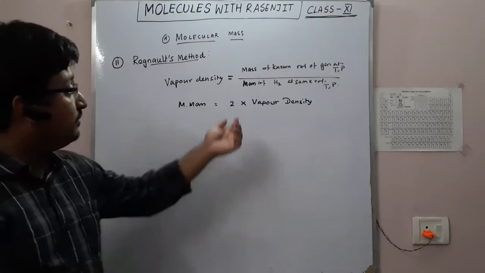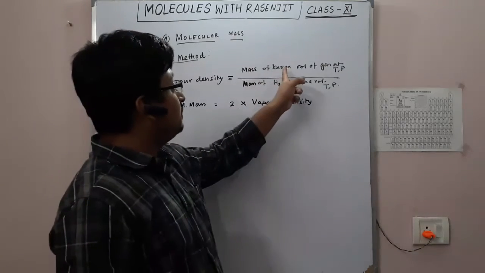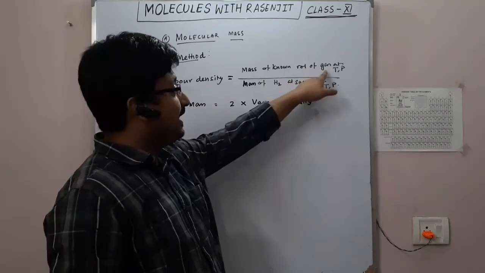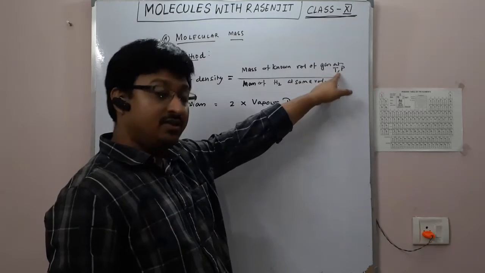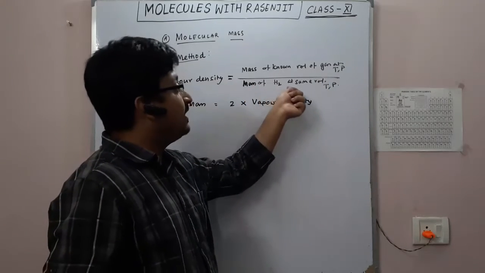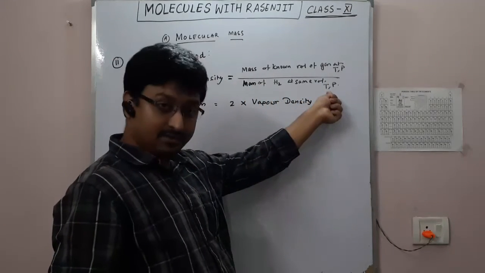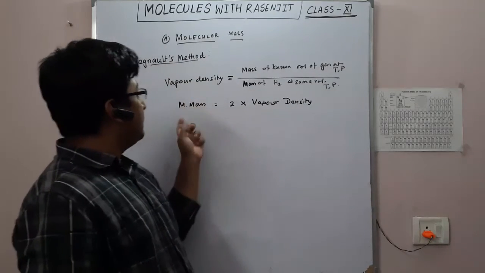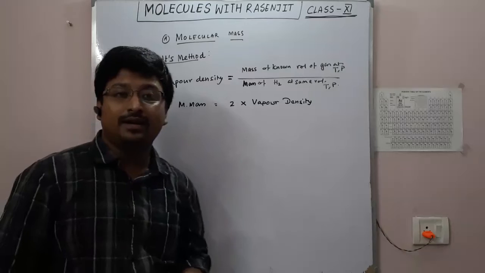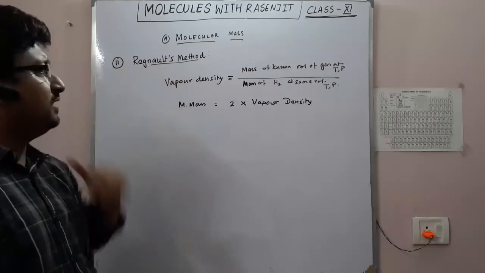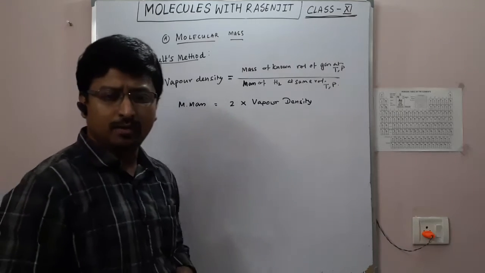So this way, if you know the mass of a known volume of the gas at a given temperature and pressure, and the mass of hydrogen for the same volume at the same temperature and pressure, you can easily calculate the vapor density, and the molar mass is 2 multiplied by the vapor density. So this is known as Regnault's method for calculating the molecular mass.